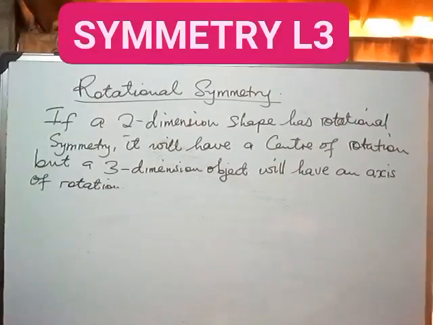So from the previous video, we were looking at the two-dimensional shapes, of which we looked at the order of rotational symmetry, where we found that, for example, a triangle, which is a two-dimensional object, has rotational symmetry of order three, and a rectangle has rotational symmetry of order two.